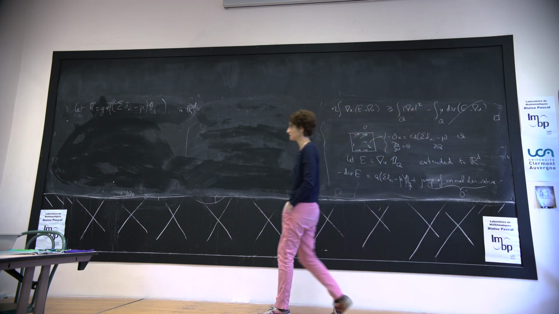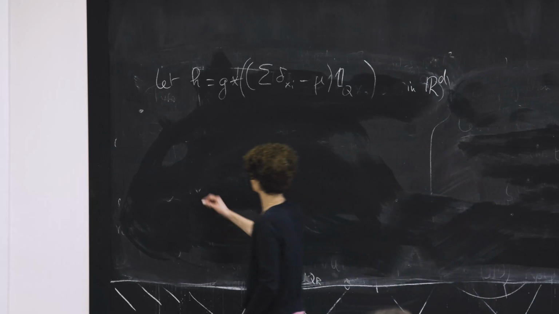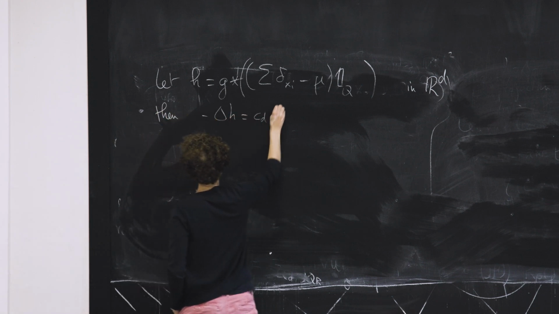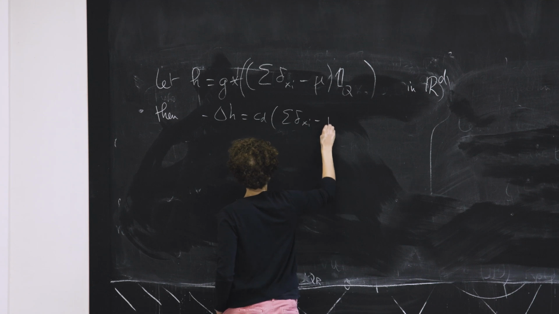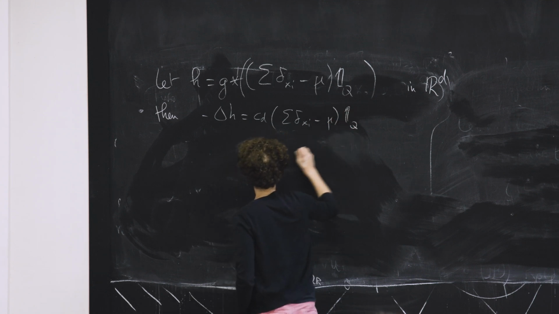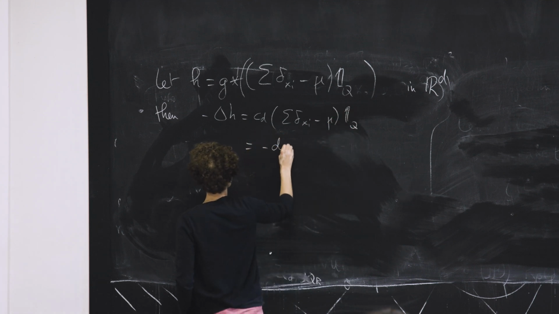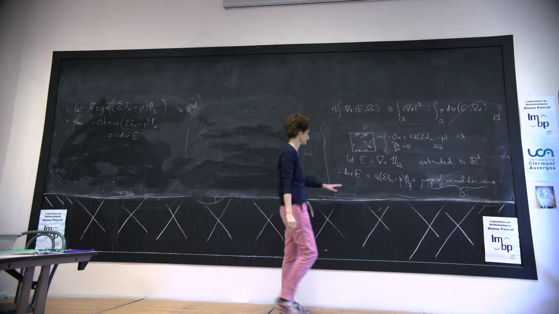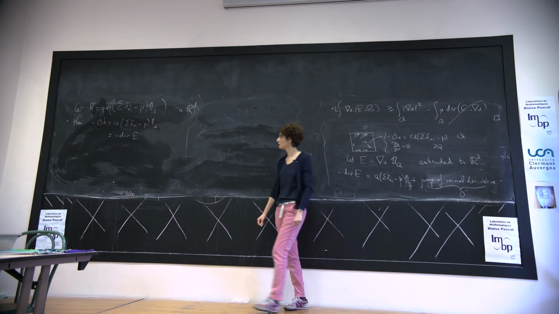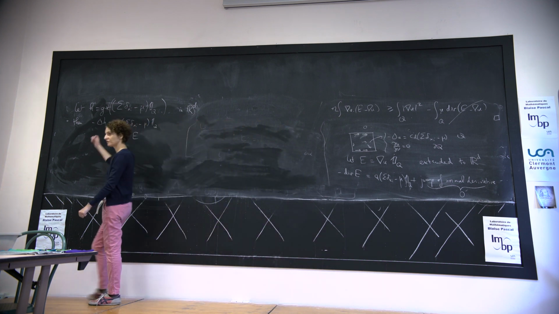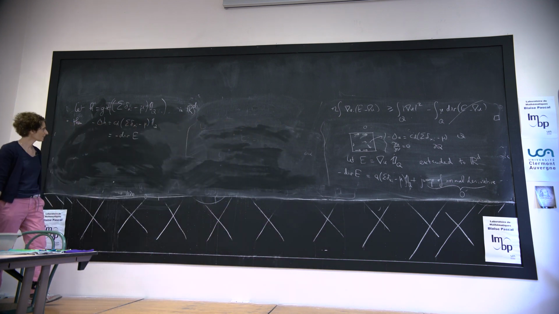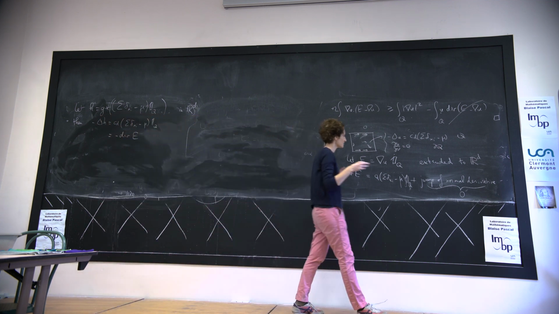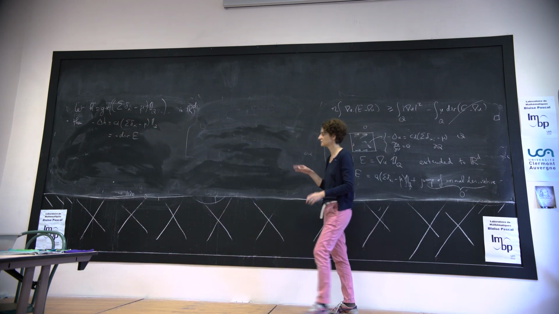Well, then H and E, they have the same divergence. Okay, so then minus Laplacian H is equal to that, and that is equal to minus divergence of E. So the divergence of E is the same as the divergence of the gradient. Moreover, at infinity, they agree, because E is 0 at infinity, and H decays.